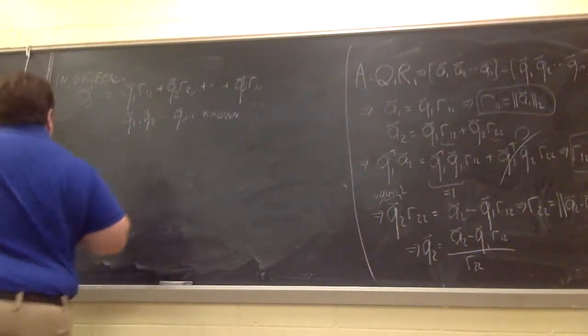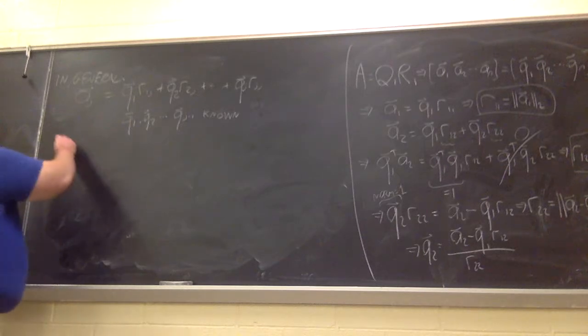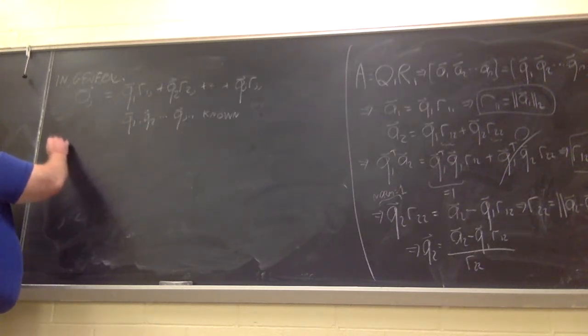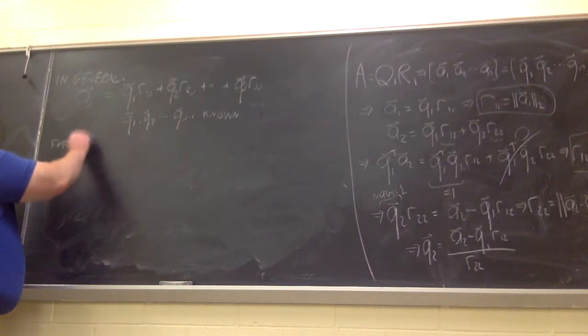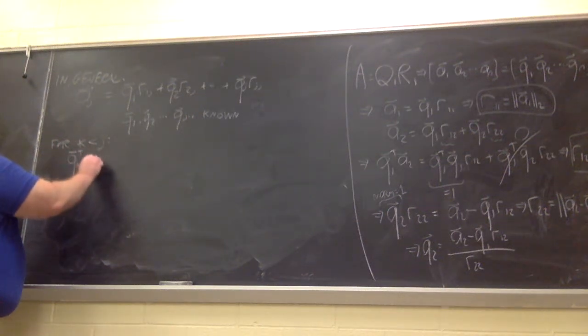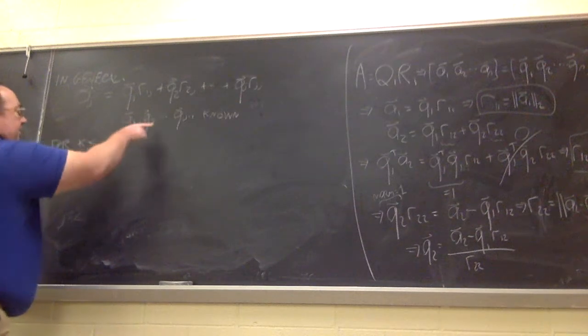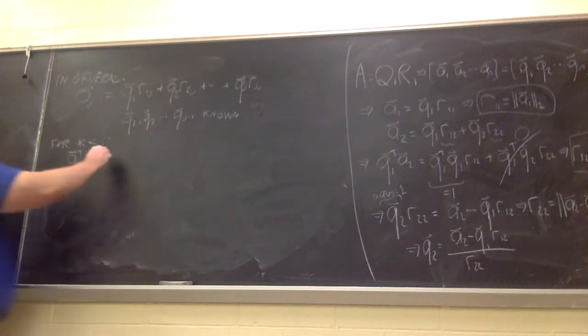So to get the unknowns, I can do the same thing I did over there. Because what I did is I took the inner product of both sides of this equation, but over there I did it with Q1. So for K strictly less than J, I'll do QK transpose AJ. Because K is less than J, I know what this is.